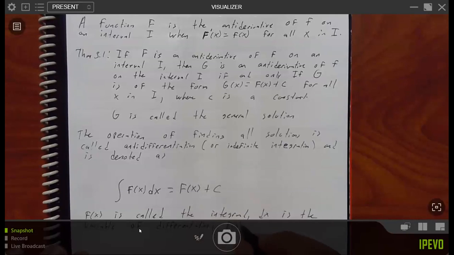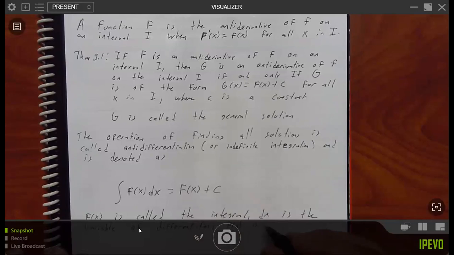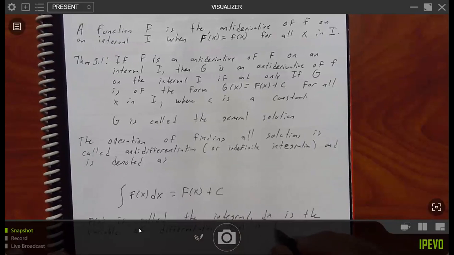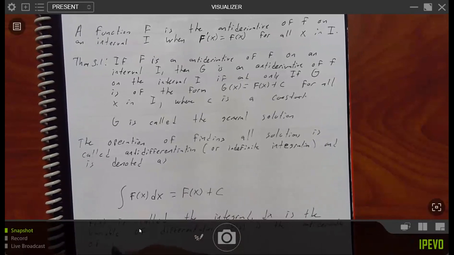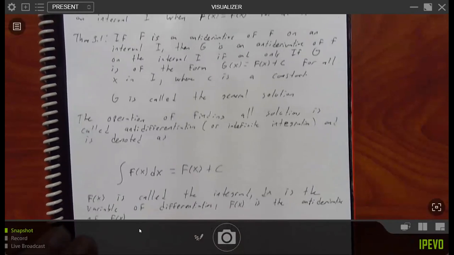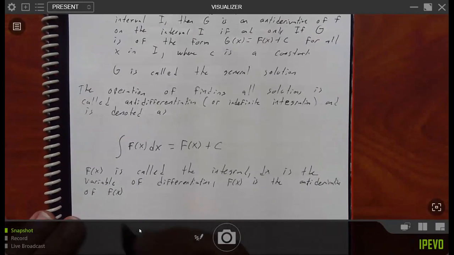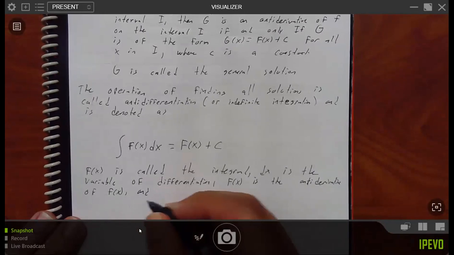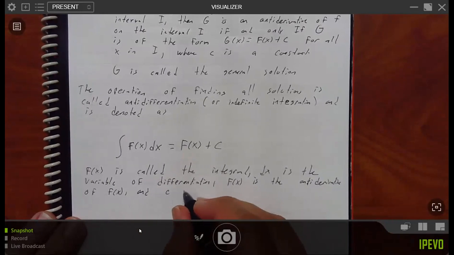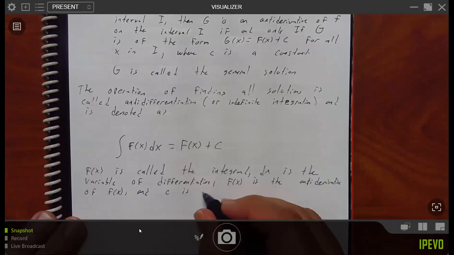Capital F of x is the antiderivative of f of x, and c is the constant of integration.